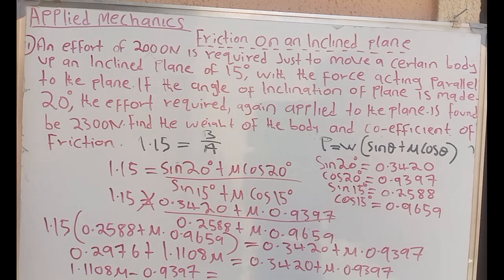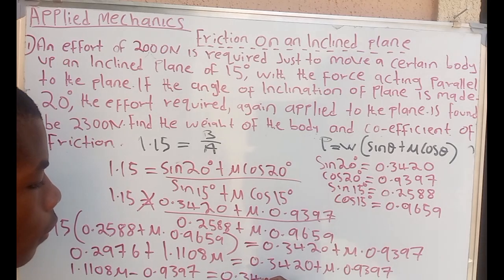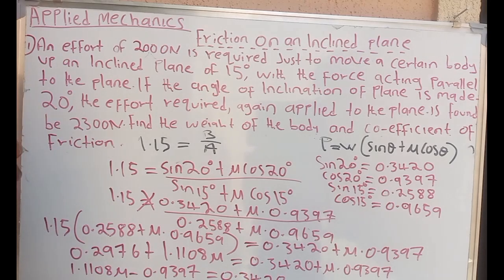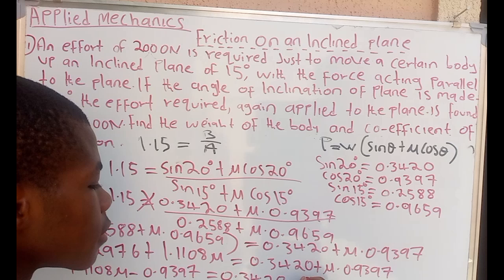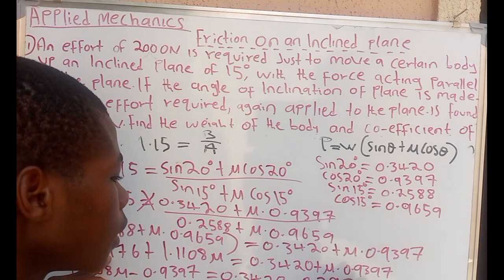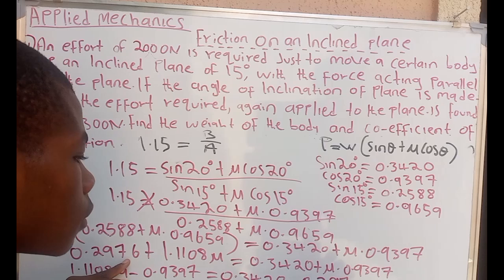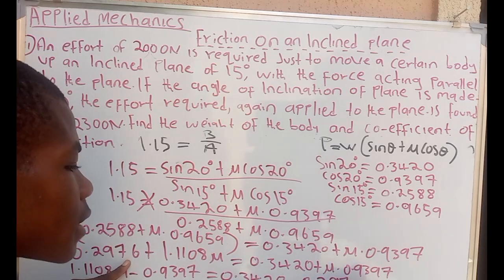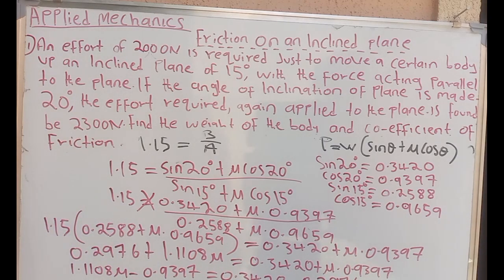It will be equal to 0.3420, and the like terms here will cross the equal sign and become negative, minus 0.2976.